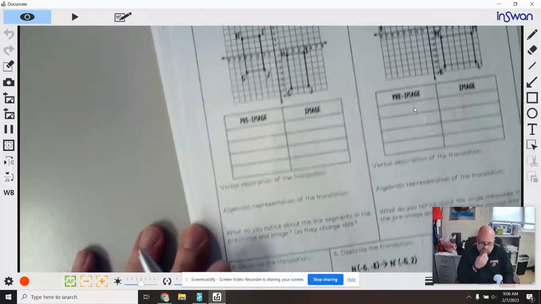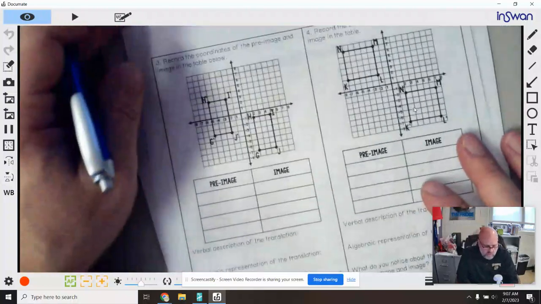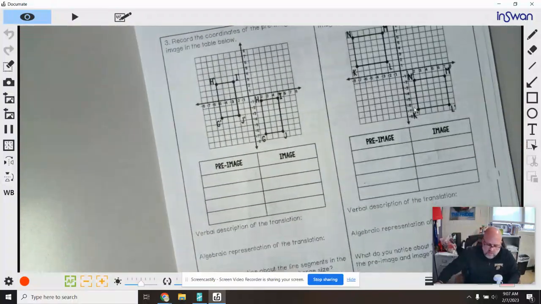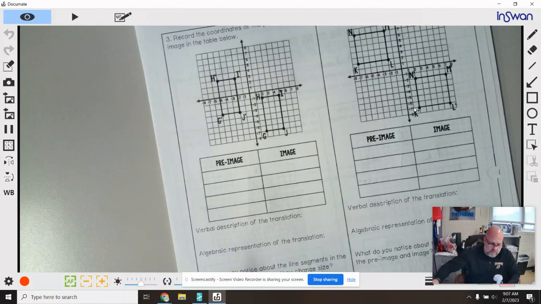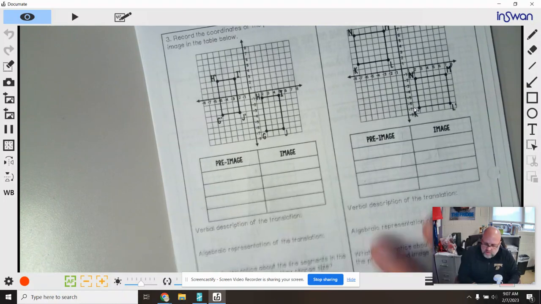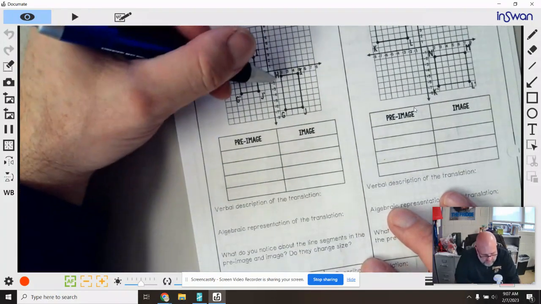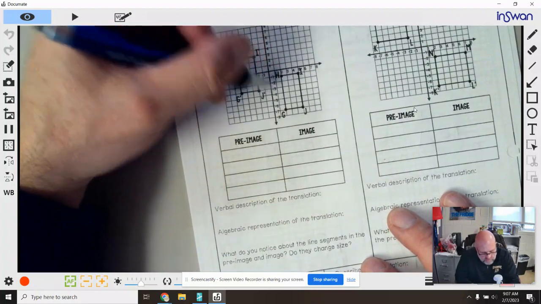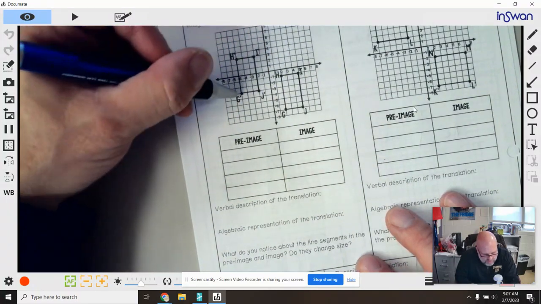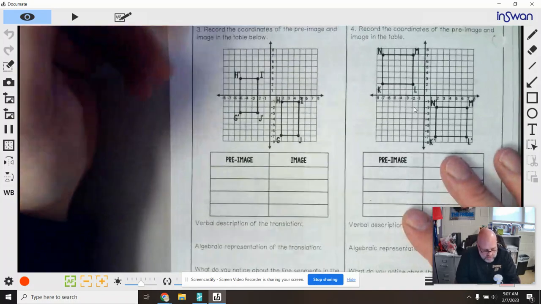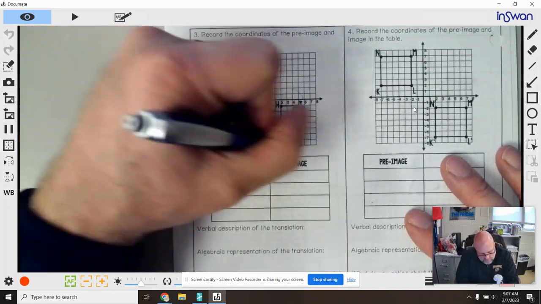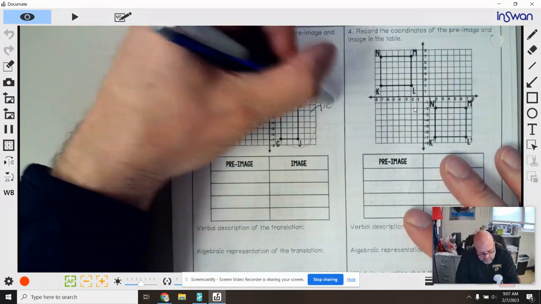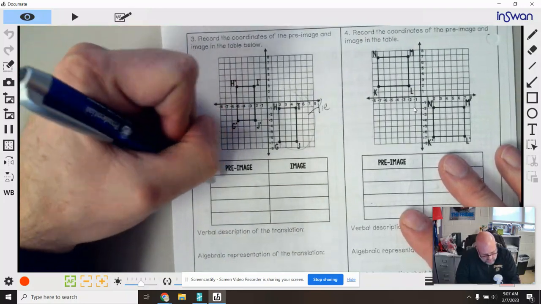On the back side, it says, record the points of the pre-image in the table below, and then record the new image. So the pre-image is the one that doesn't have the little apostrophe or the prime mark, as we call it now. So this is our pre-image right here. We see we got 4 points there.